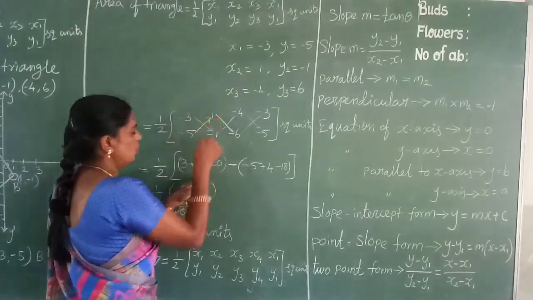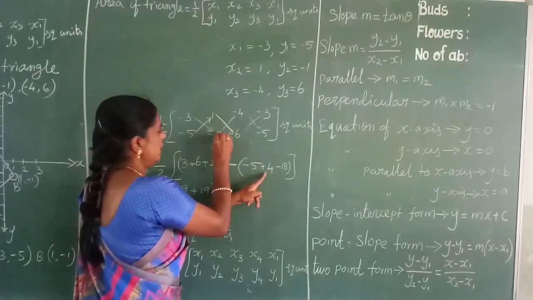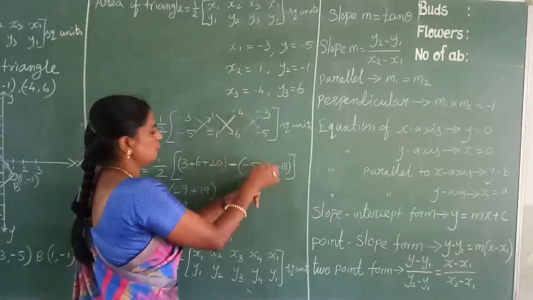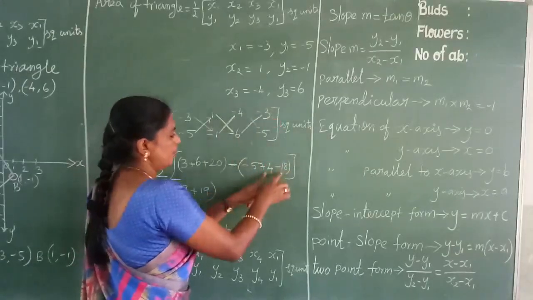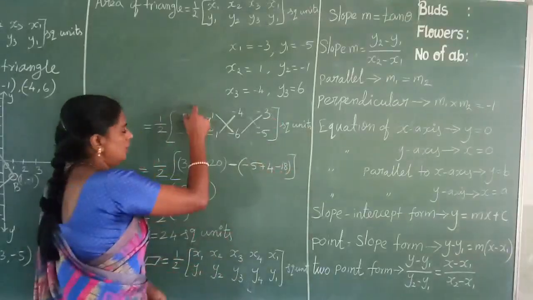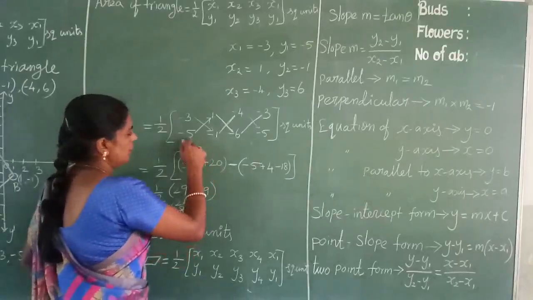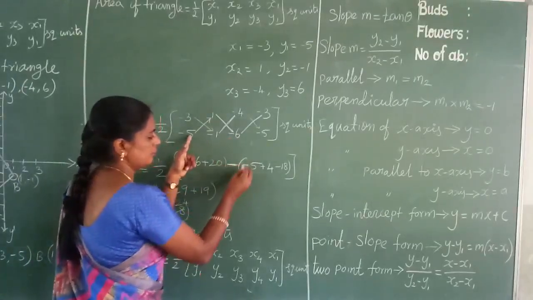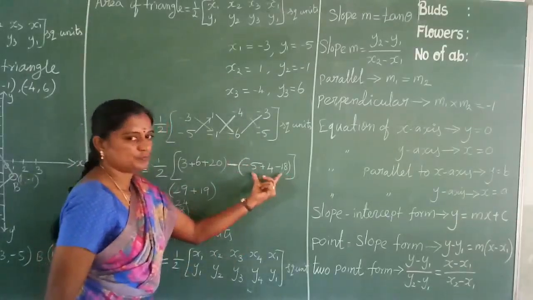Minus 5 into 1 is minus 5, plus minus 1 into minus 4: minus into minus is plus, 1 into 4 is 4. Next, the third one, 6 into minus 3 is minus 18. Up to down you consider the plus terms, down to up you take the minus terms, and write the remaining fully.